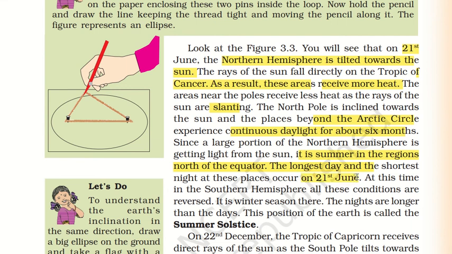At this time in the southern hemisphere, all these conditions are reversed. As we have already discussed by pictorial representation, it is winter season there, and nights are longer than days, and this position of the earth is called the summer solstice.